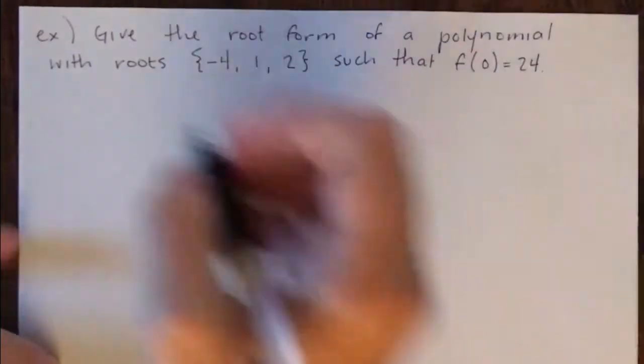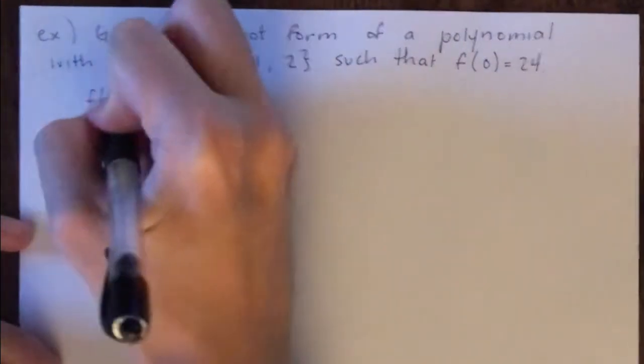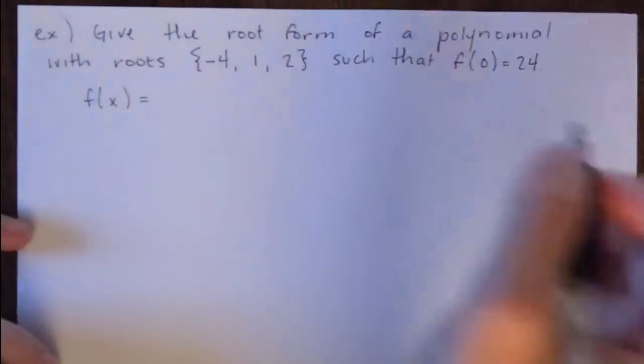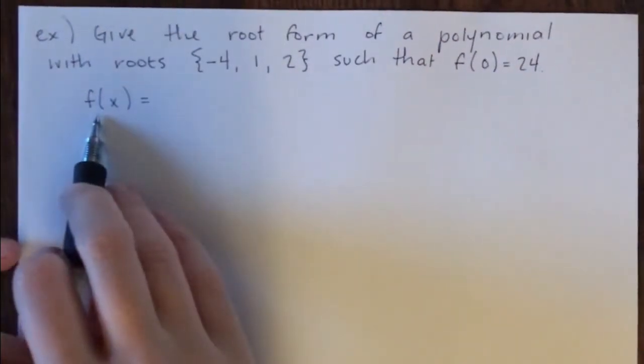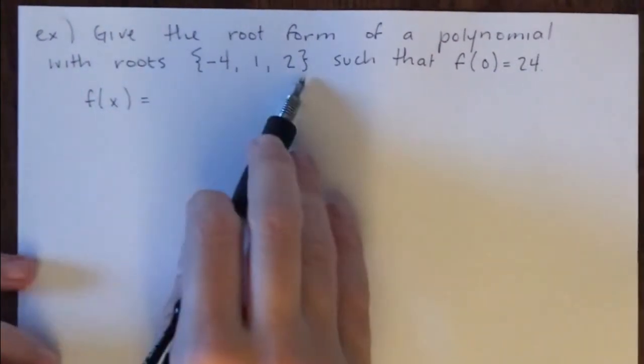All right, let's check it out. So we're looking for f. We know that we have 3 roots.